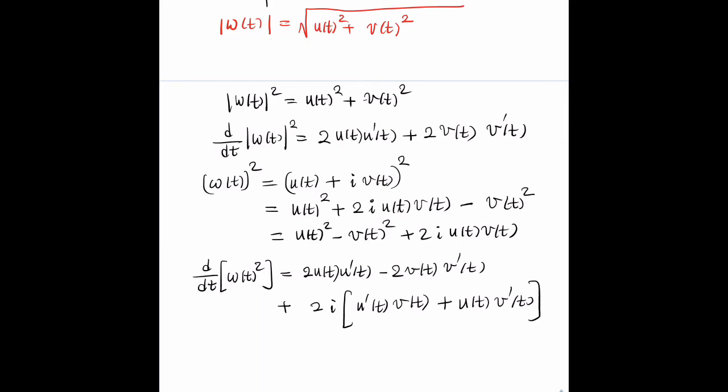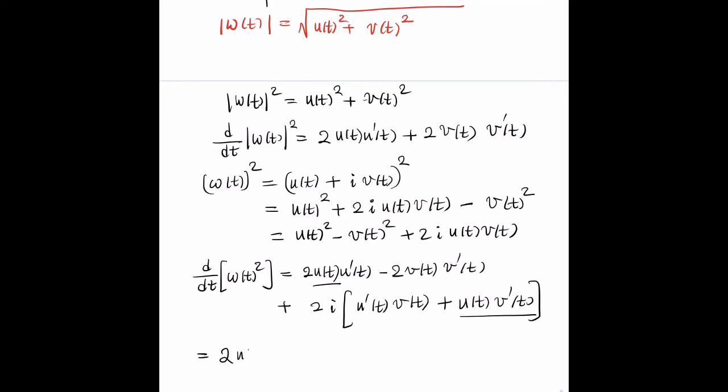Okay, so then you can simplify this one. I can take 2 outside, and then u(t) outside.